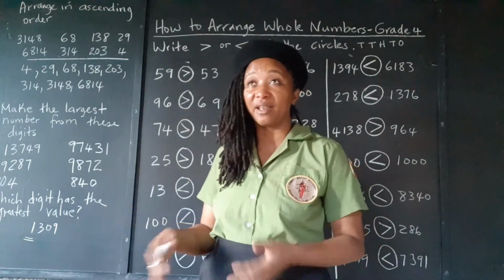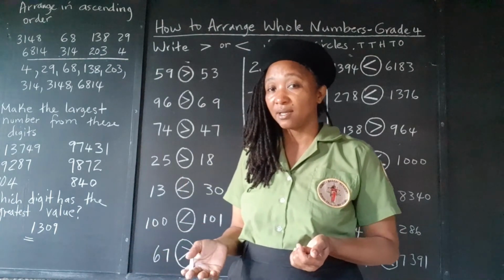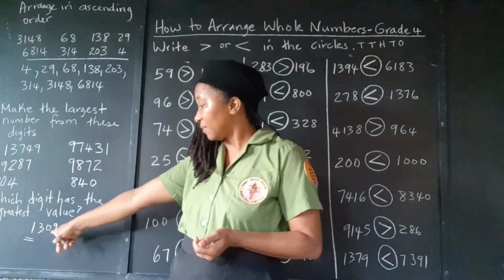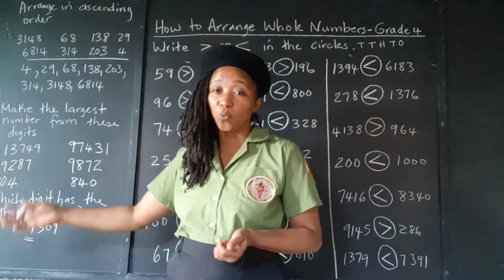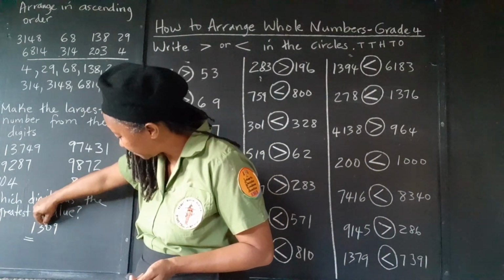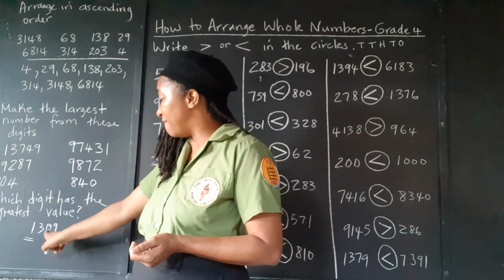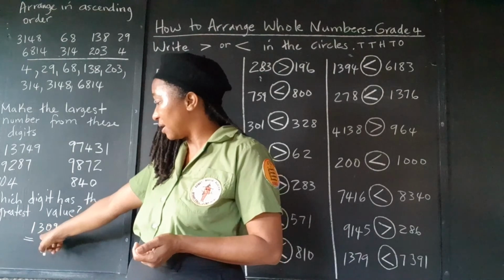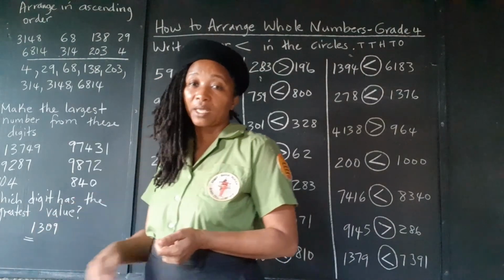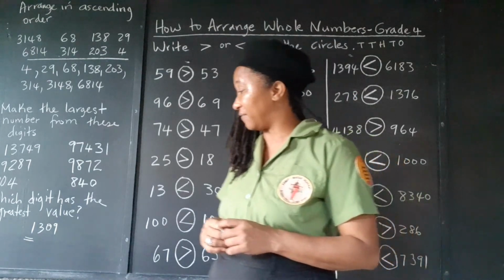The 0 is saying there are no tens, but the highest ones we can have is 9 ones, right? So it's the smallest value here. The 3 is next, and then the 1,000. The 1 has a greater value.